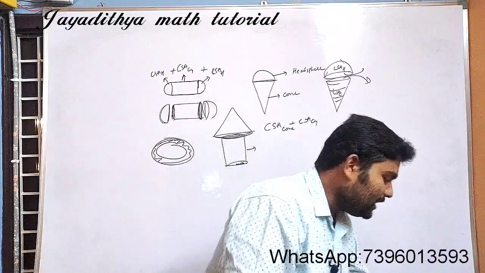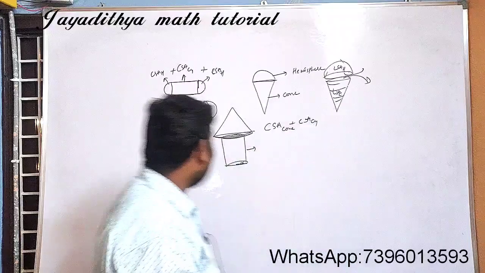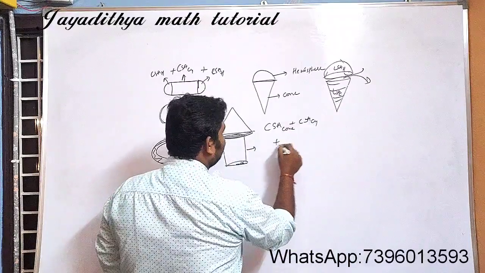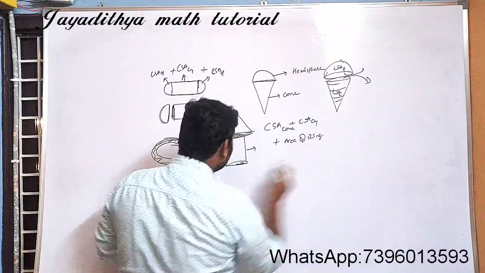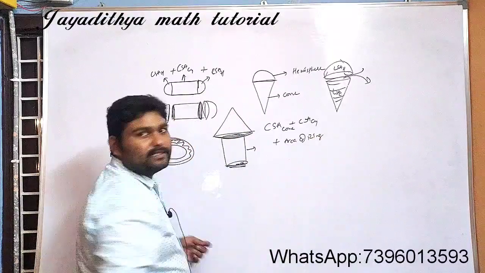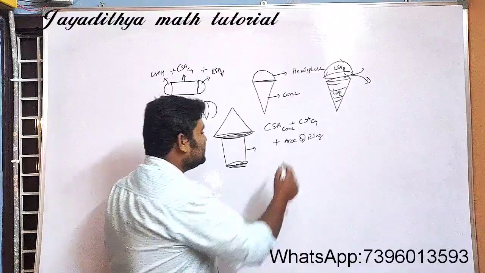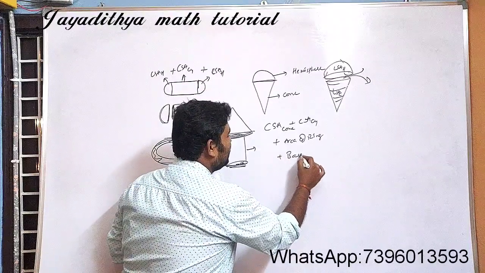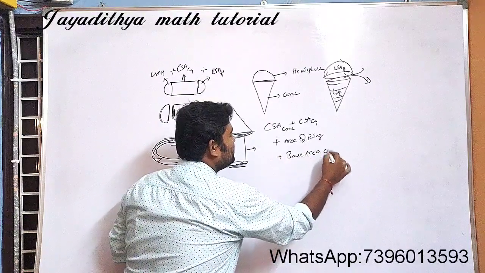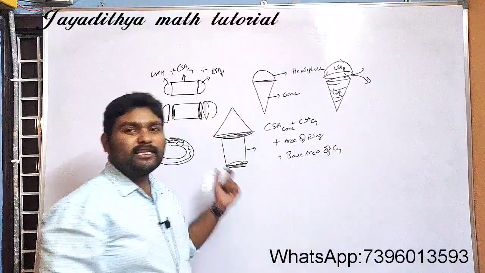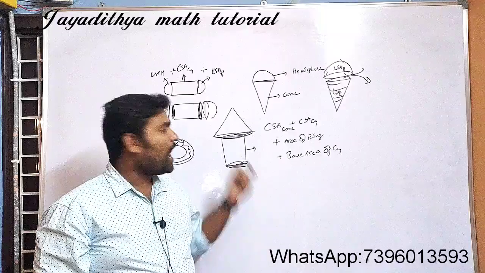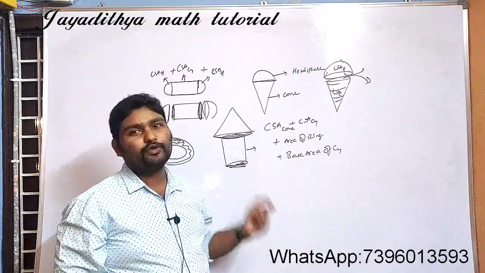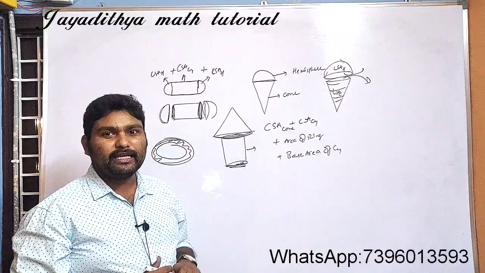So then you need to add the area of the ring also here, and you can also see the base of the cylinder. That means the base area of the cylinder. In this manner, you need to analyze the problem first. After analyzing the problem, then you can find out the solution very easily.